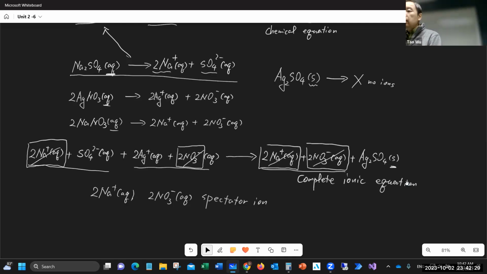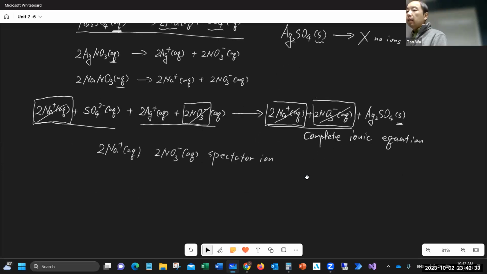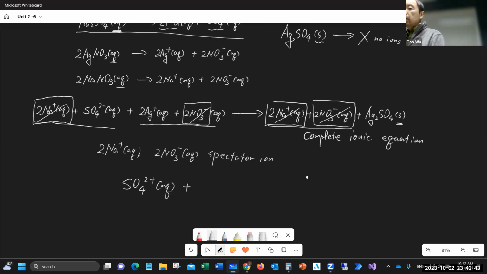If you cancel those spectator ions, what is the leftover? The leftover will be just the sulfate ion combined with 2 of the silver ions, and they are going to form silver sulfate, and you have a precipitate.